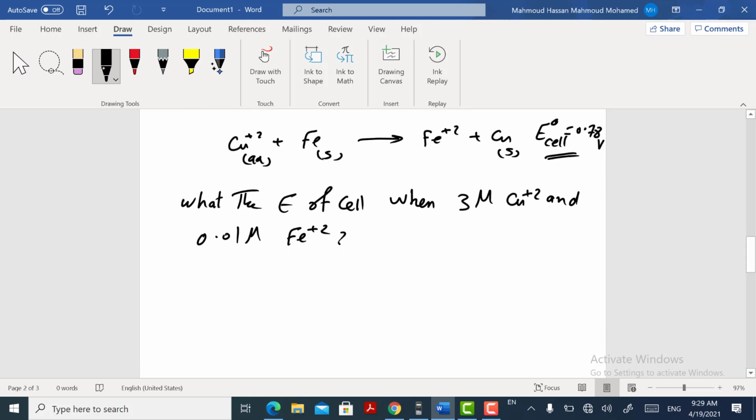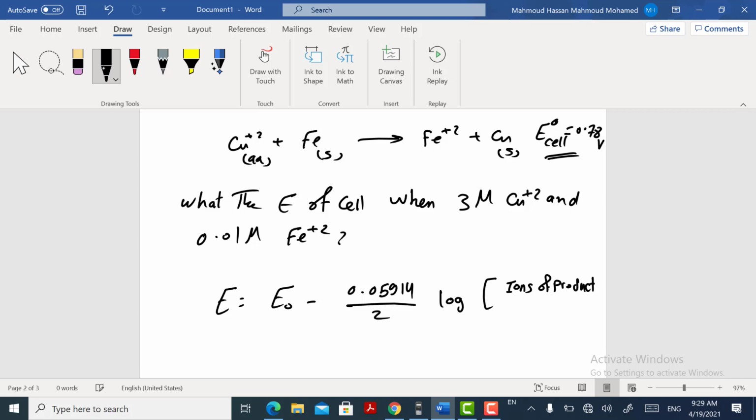The Nernst equation: E equals E naught subtract 0.05914, a constant value, divided by n, log the concentration of ions of products divided by ions of reactants.